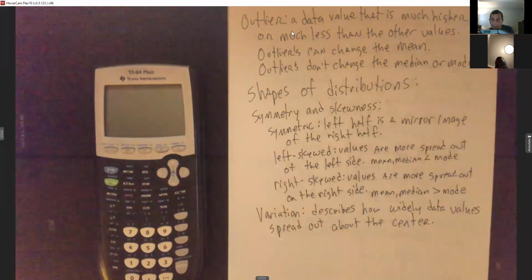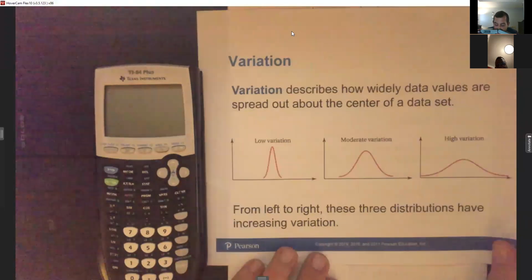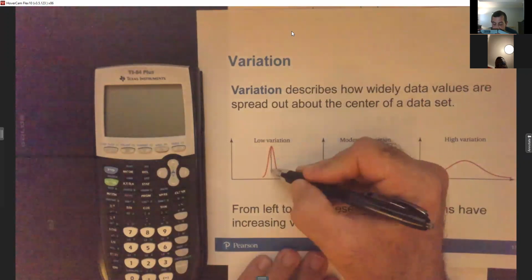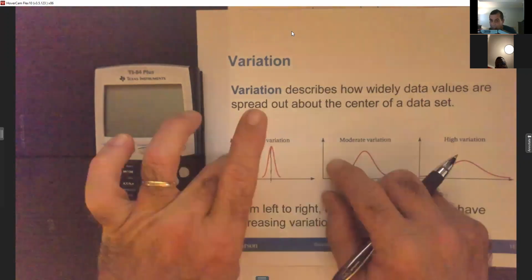And once y'all get that, I'm going to show y'all a picture of 3 types of variation we could look at. Okay, so low variation, most of your data is centered right near the average. You don't have many scores that are outlying it.